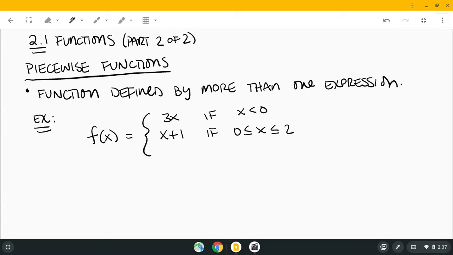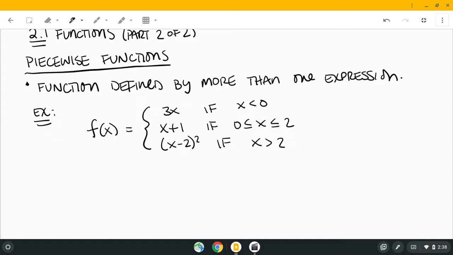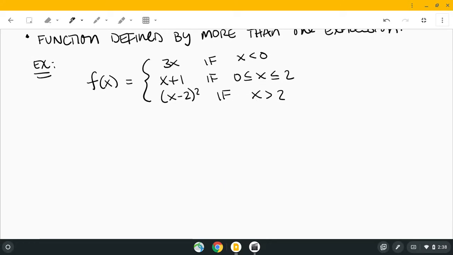And for x values that are greater than 2, I need this function. So this here represents a piecewise function. It's a function that's described using several pieces. Let's take a look and see how we can evaluate this.